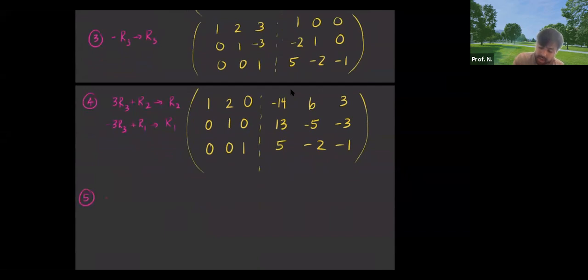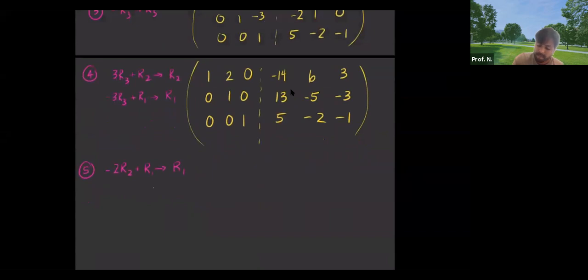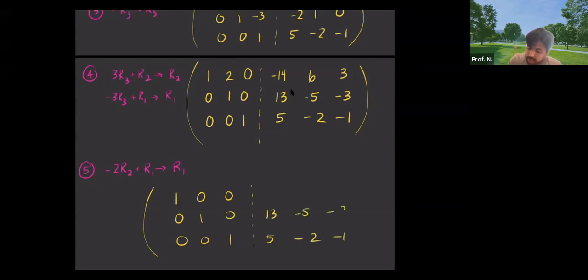Take -2 times row 2, add it to row 1, make that my new row 1. This becomes 1, 0, 0, 0, 1, 0, 0, 0, 1. That's the identity, so I'm done with that part. And this is 5, -2, -1, 13, -5, -3.